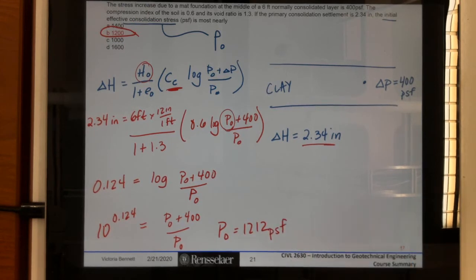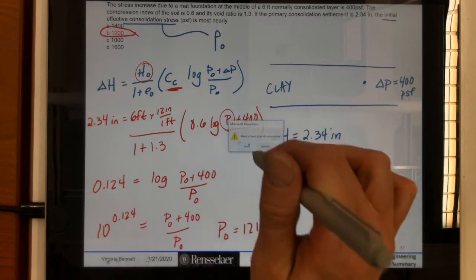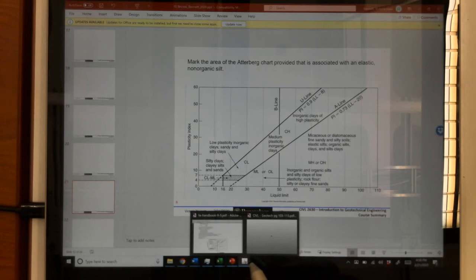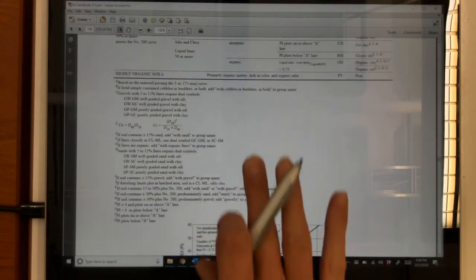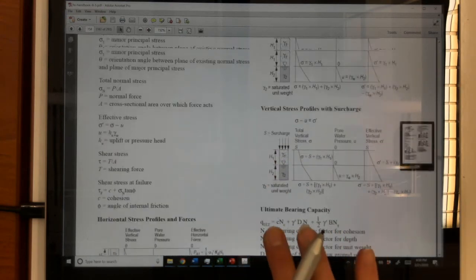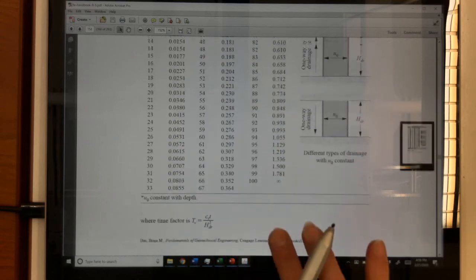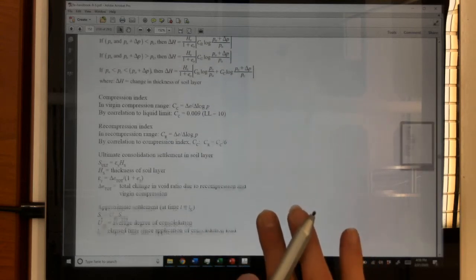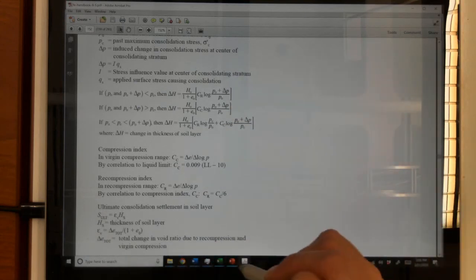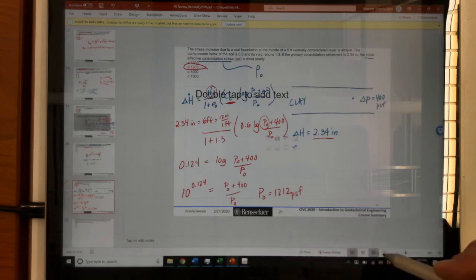So that's a use of the how-much piece of consolidation. Again, I think realizing that here's what you're given, and that there are only so many possibilities within the realm of reasonableness for being asked. So here's those equations. The question, as you just saw, I think is a fair one and a good one.